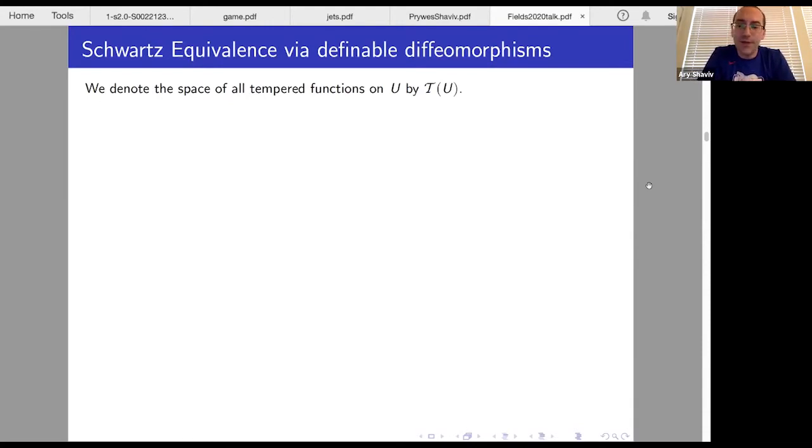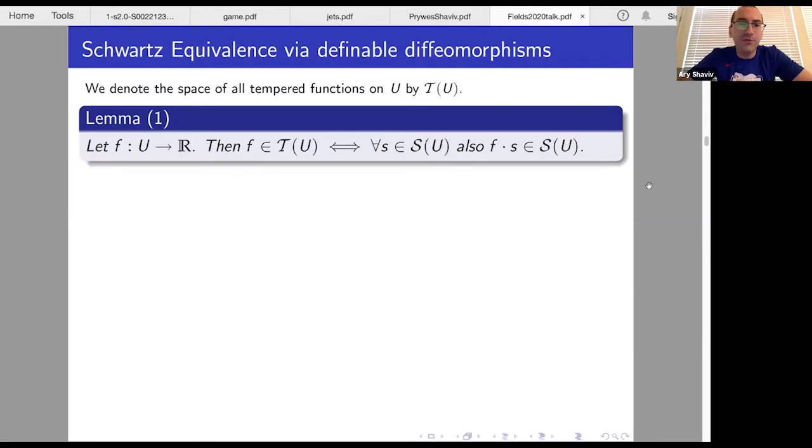Now let's state three lemmas. I'm reminding you, we want to prove a proposition saying that definable diffeomorphisms in all o-minimal structures always induce Schwartz equivalence. So the first lemma is the following. If we take any function defined on U, then this function is tempered if and only if, when we multiply it by any Schwartz function, we again get a Schwartz function.